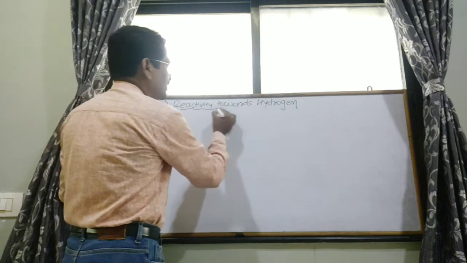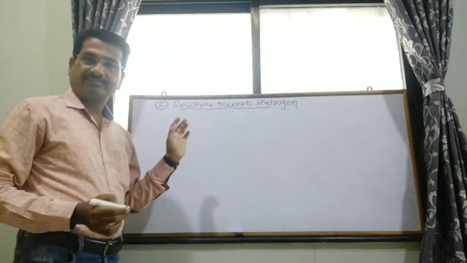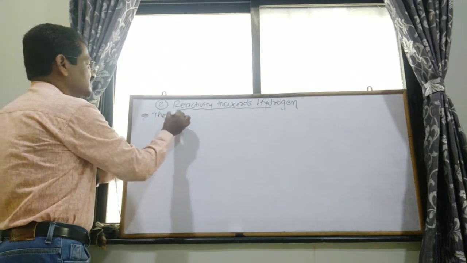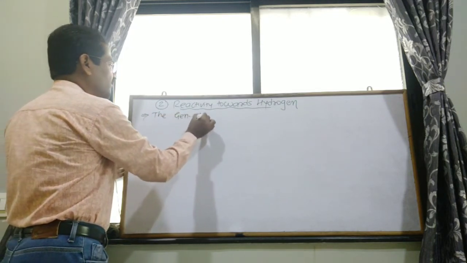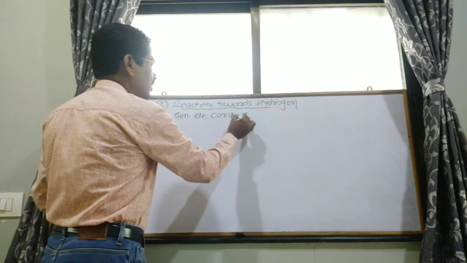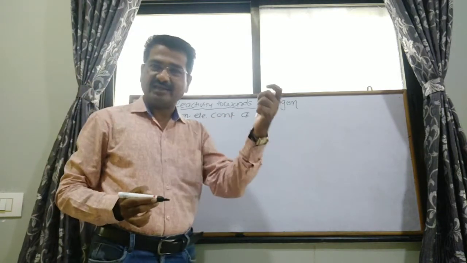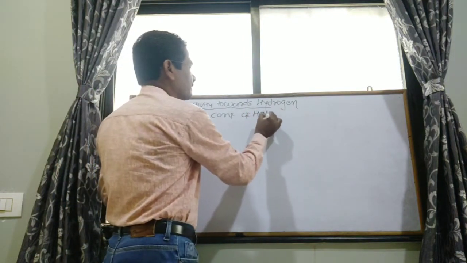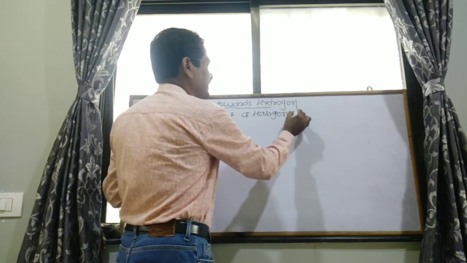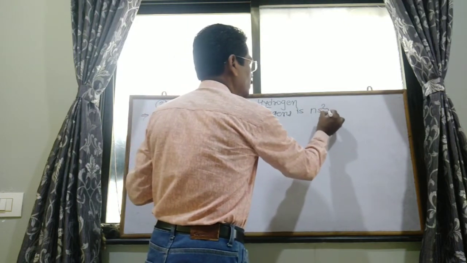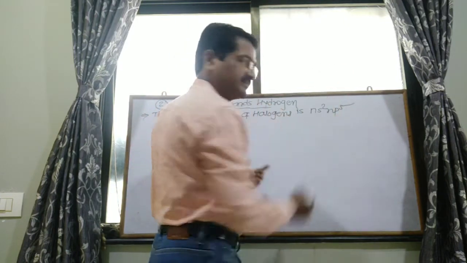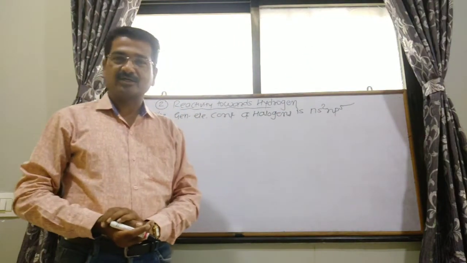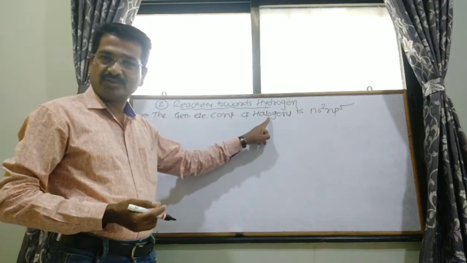For that purpose, the first point: the general electronic configuration of halogens is ns2 np5.